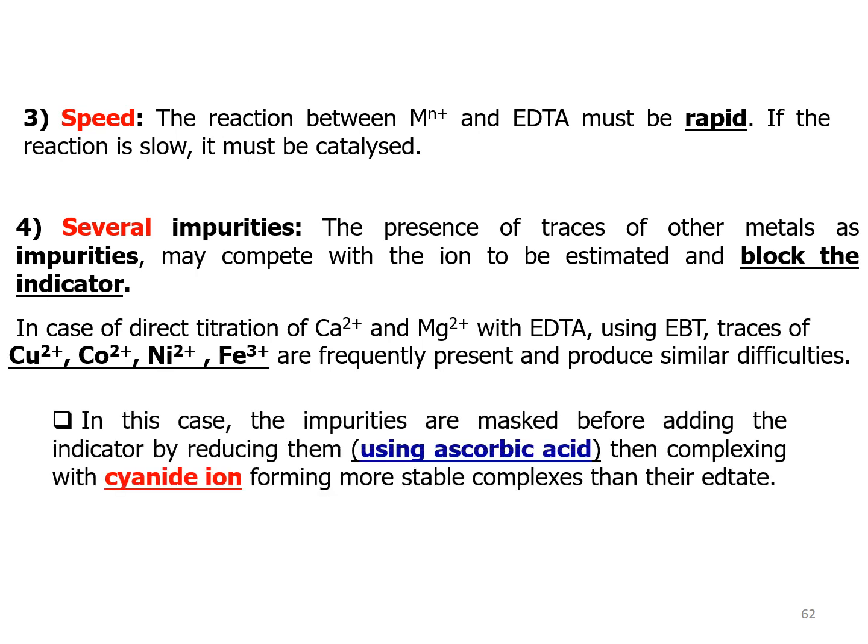Hence, what should we do? We should mask these metals by reducing them using something like ascorbic acid, then complexing with cyanide. We will see that as the masking and demasking agent at the end of the lecture, forming more stable complexes than their EDTA complexes.